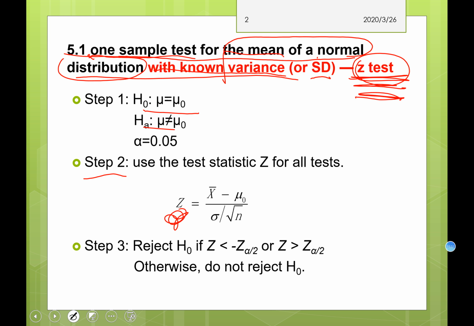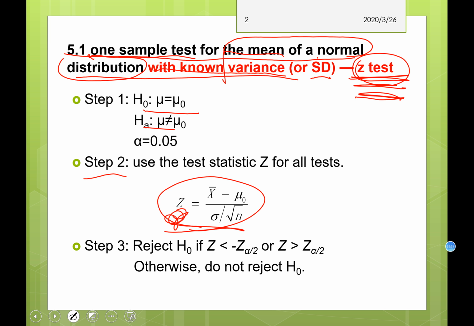So how can we get the z value? We need to use a special formula, which we learned in chapter 2 in the normal distribution. Using this formula, we can get the z value.